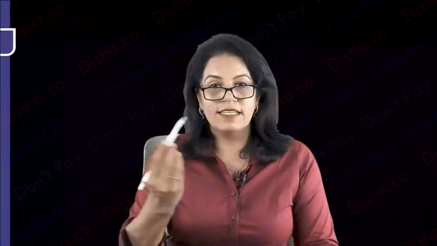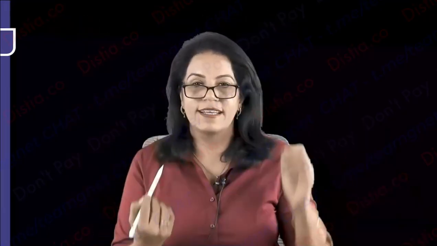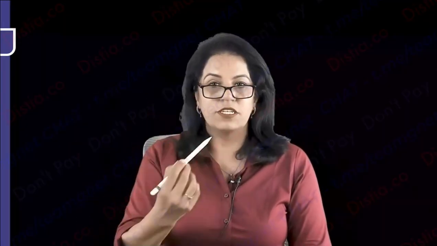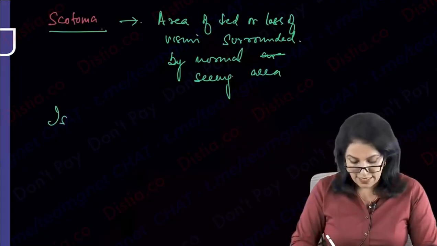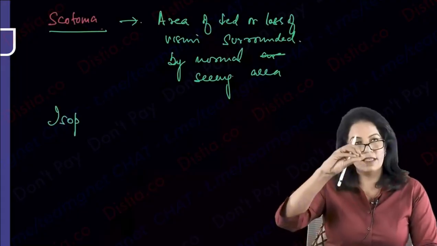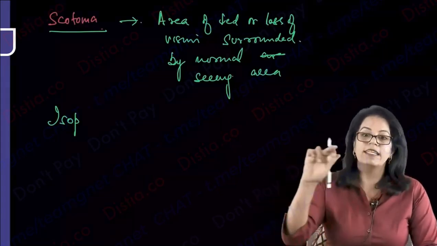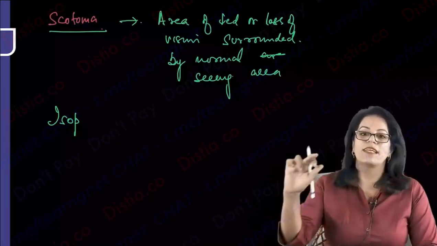Now, when I have to take the visual field, I have to check the whole retina. So I should be checking all the points, right? The different axes on which I am checking the field, those planes, that is what we call isopters. So what are isopters? To understand, if I join the points of same light sensitivity, that line that I draw is called an isopter.